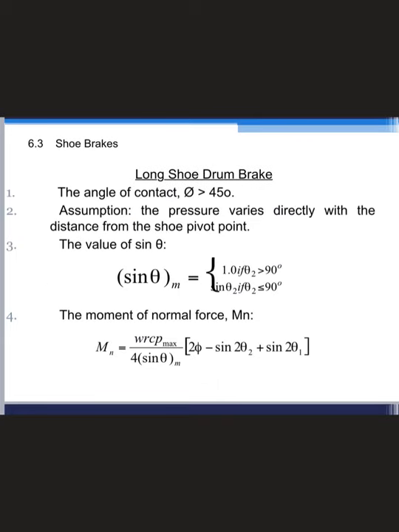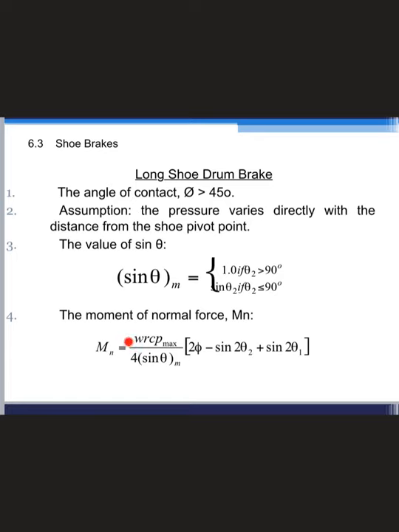We can find the value of moment of normal force, Mn. So Mn is equal to W R C P max divided by 4 sine theta m, then times 2 theta contact angle minus sine 2 theta 2 plus sine 2 theta 1.